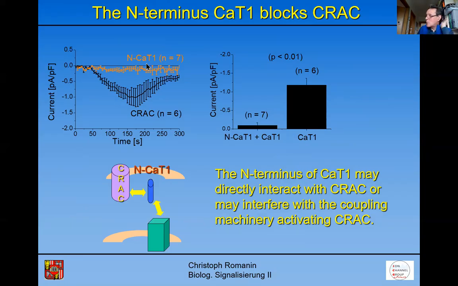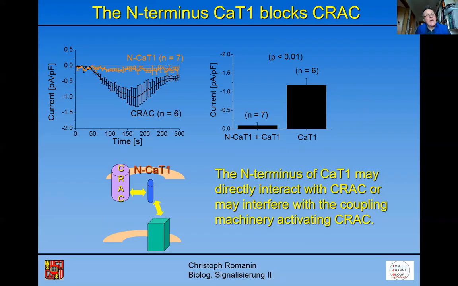And that was, let me say, a fantastic result at first sight: when we now express the amino terminus of CAT1 in the RBL mast cells, we get complete inhibition of the endogenous CRAC channel.